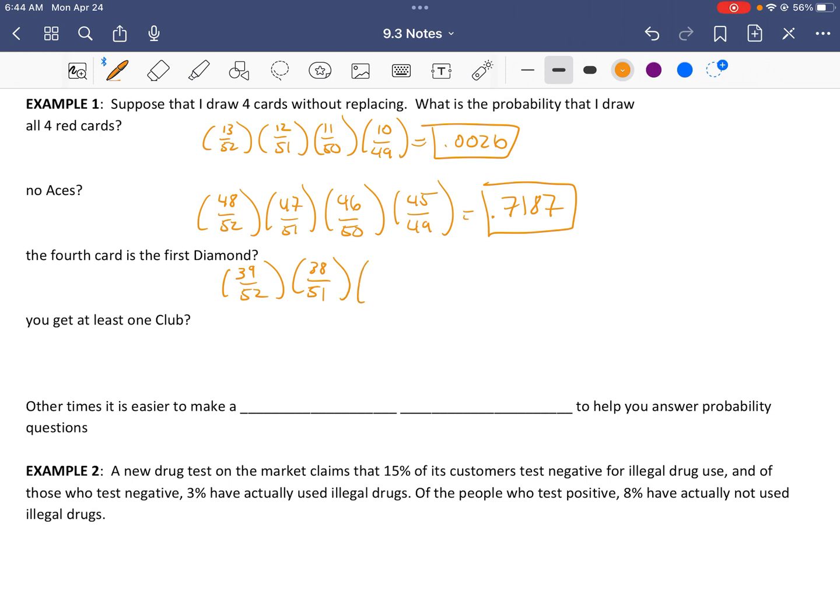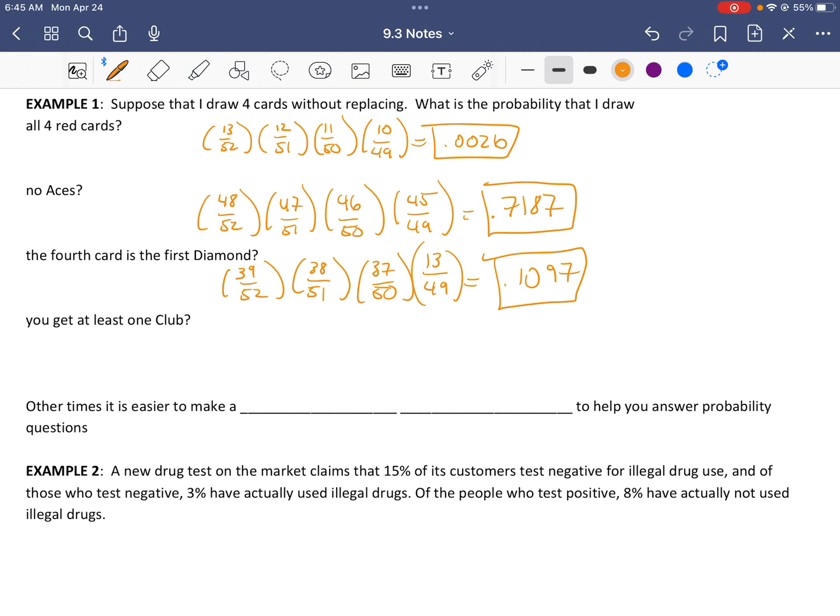Third card, not a diamond, 37 out of 50. And then finally, the fourth card, yes, a diamond, 13 diamonds left out of 49 total cards. Do the math, 0.1097. Make sure we're paying attention to the language when we pull multiple selections together. Could be independent, could be dependent.